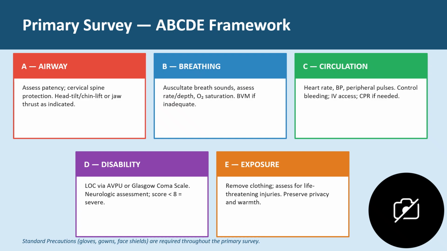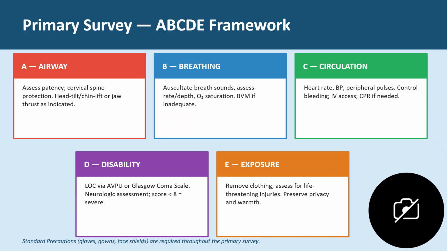All of us have to have BLS for healthcare workers, certification from the American Heart Association, AHA. For the disability, if the patient is unconscious, we use the Glasgow Coma Scale to assess consciousness, a neurological assessment.